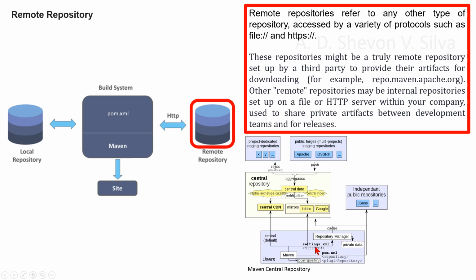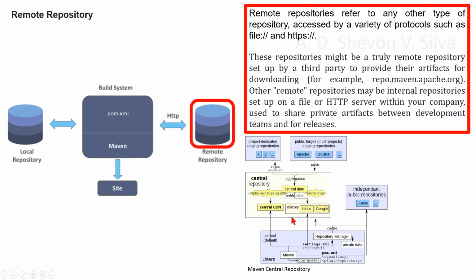The repository manager is connected to private data, the central repository, and independent public repositories. Cache is passed from the repository manager to the central repository and independent public repositories.